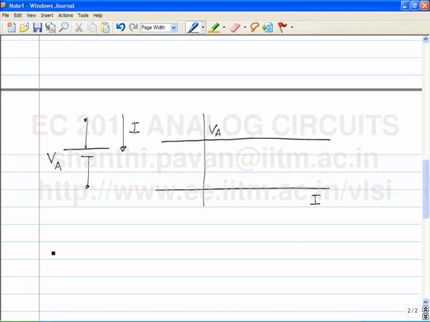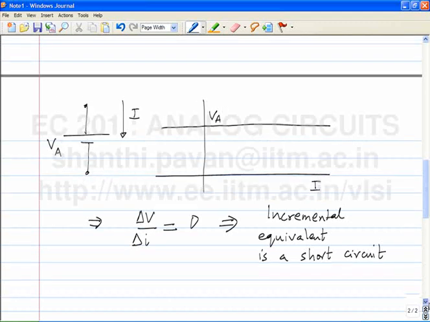The job of a battery is to hold the voltage across its two terminals at VA regardless of the current passing through the battery. So if the current was I or I plus delta I, the voltage remains the same, which basically means that delta V by delta I must be 0, which means that the incremental equivalent circuit is a short circuit.